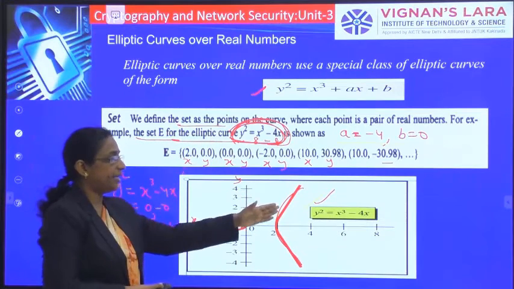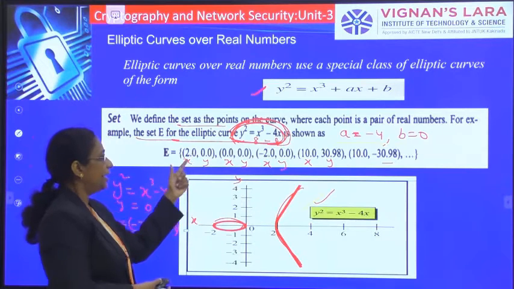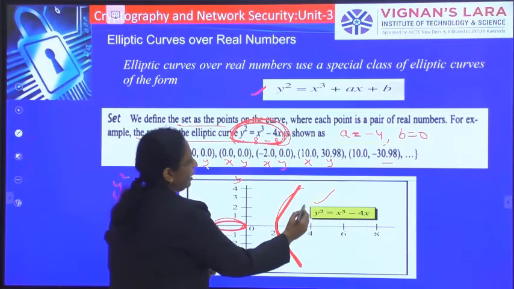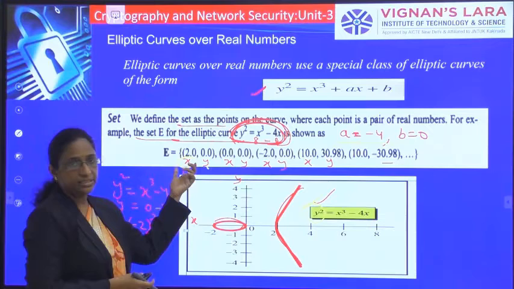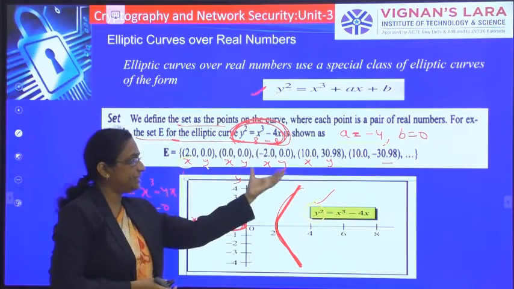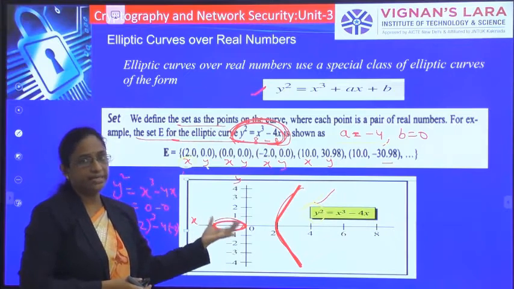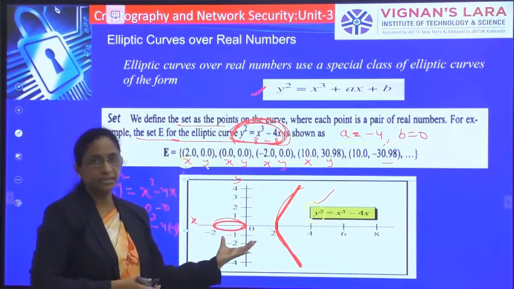Taking different x values, you calculate different y values by applying the x value in this formula. By taking these pairs and plotting them, you get the curves.